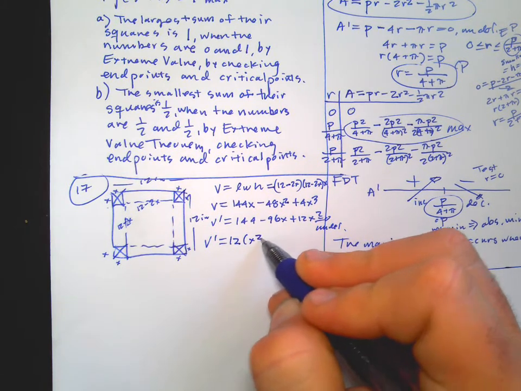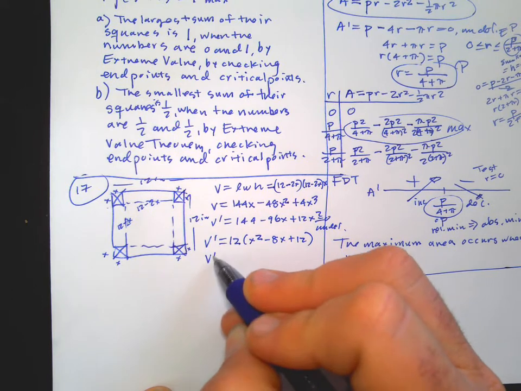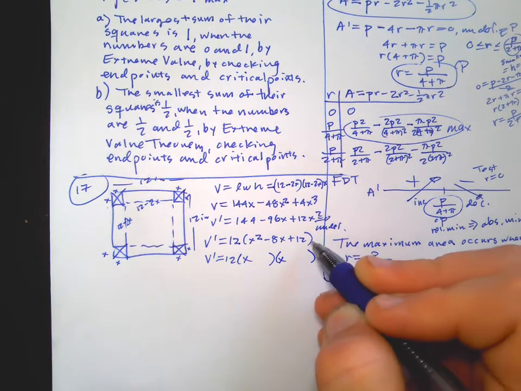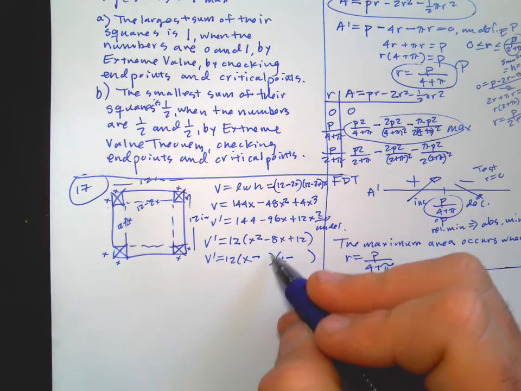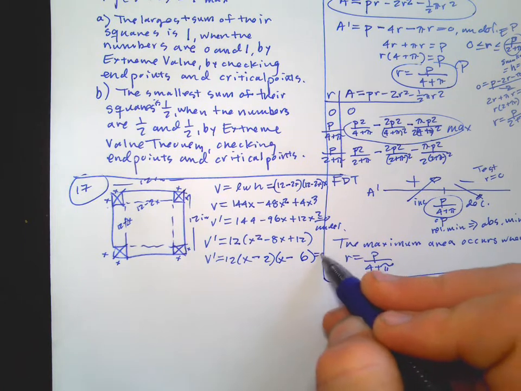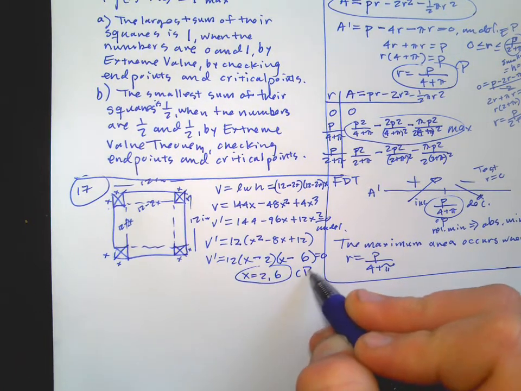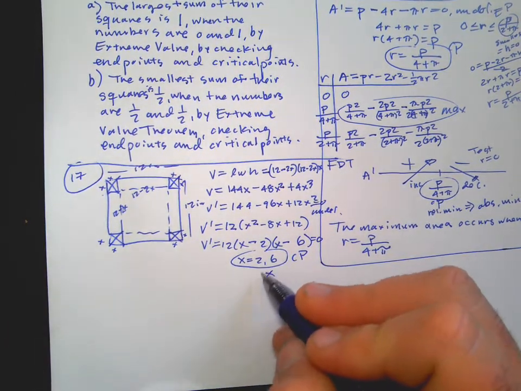x squared minus 8x plus 12. And so then I'm going to factor this, hopefully. Pair numbers that multiply together to get positive 12, so they've got to both be negative. Add together to get 8, so that's going to be a 2 and a 6. And so x equals 2 and 6 are the critical points. The endpoints: what's the smallest x could be?